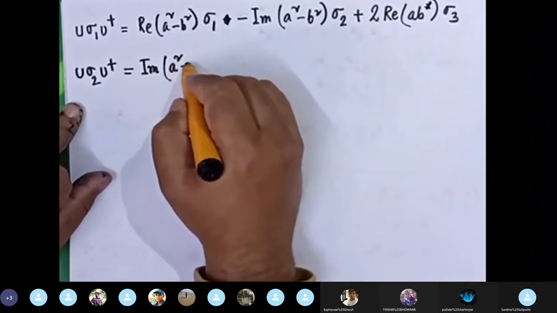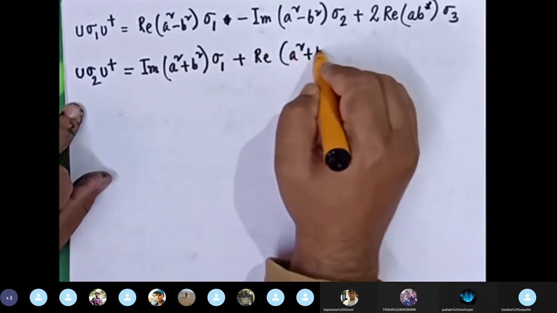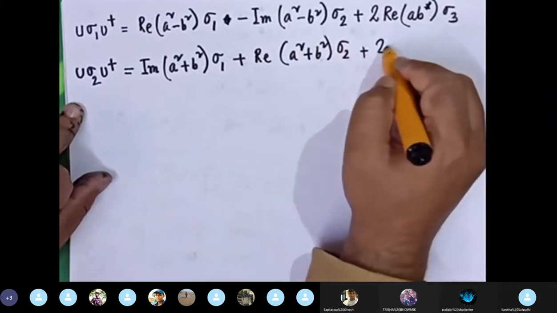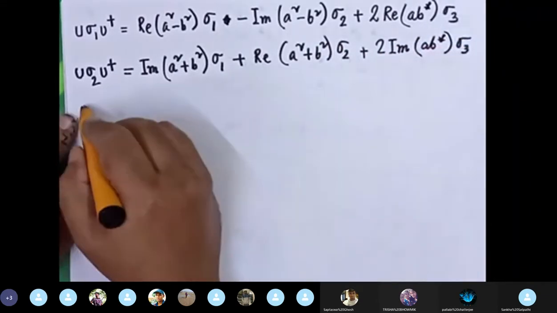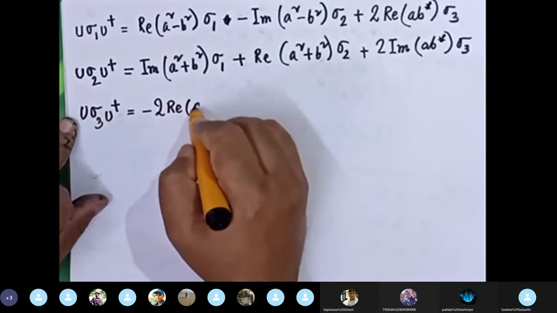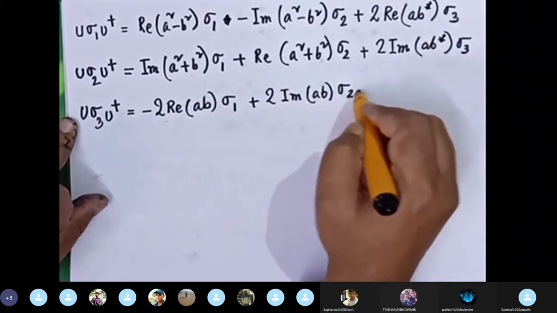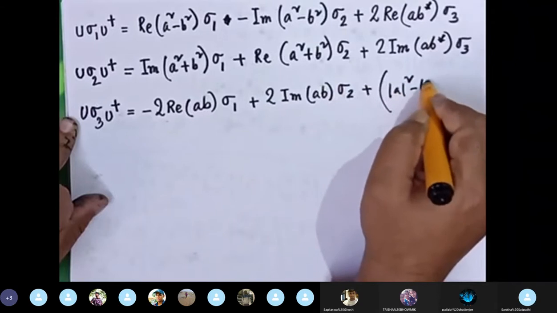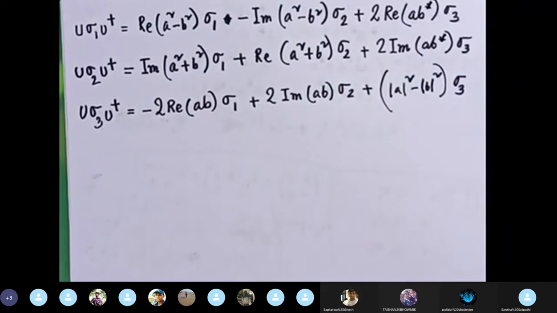I just have the result. Sigma 3. Clear? Clear means to check this, but this is the result you will get.